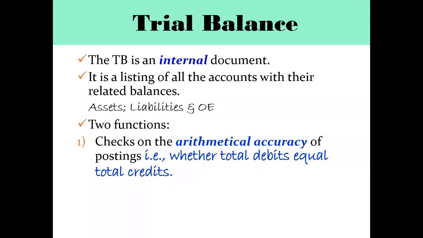Notice I said we are checking the arithmetic, because we could get our trial balance to balance and still have made errors, as we will see later in this session.